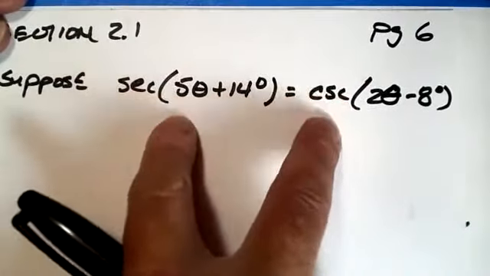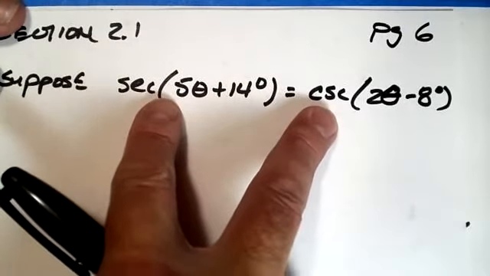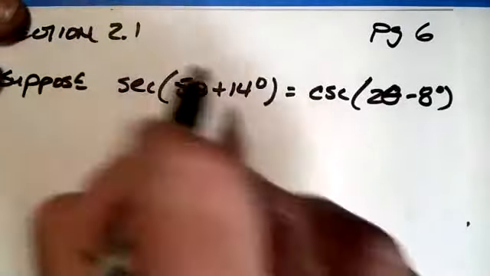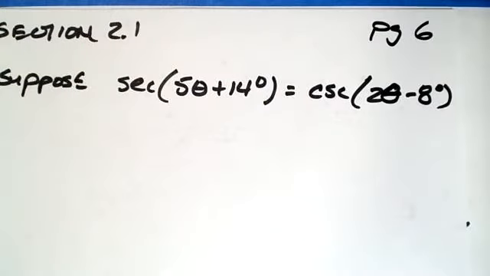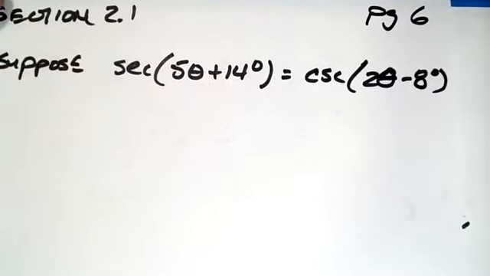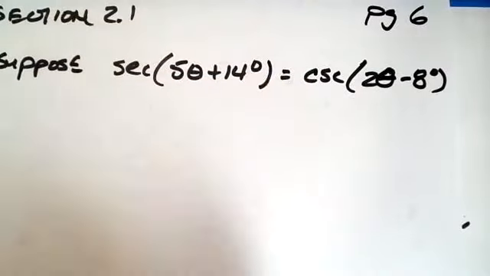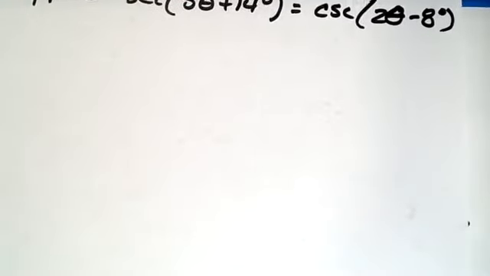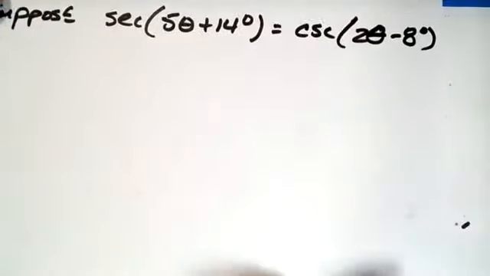That's sort of the key to these sorts of solutions, is that there is no reciprocal relationship between these. There's a Pythagorean relationship, but we can make a direct relationship between secant and cosecant. We already have one, which is the cofunction identity. So pick one of them. It doesn't really matter which one.